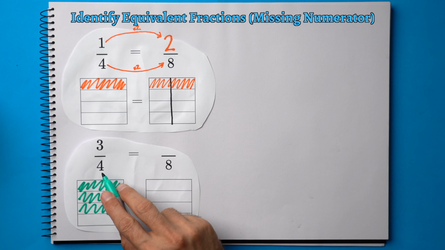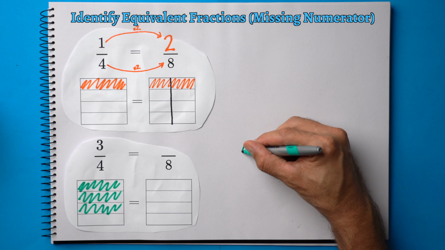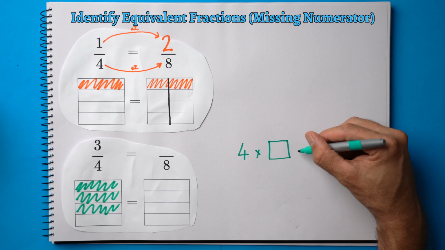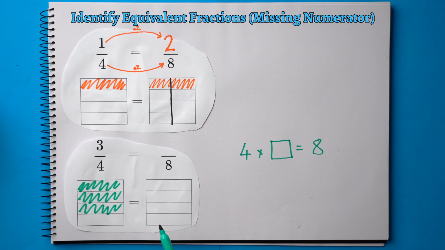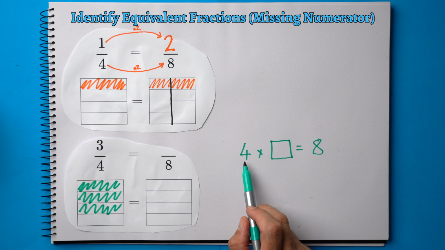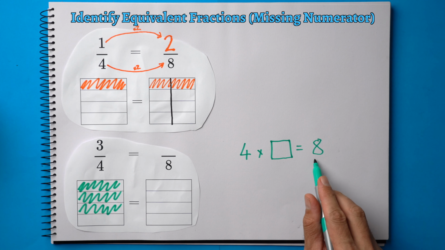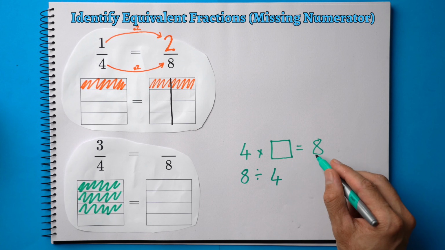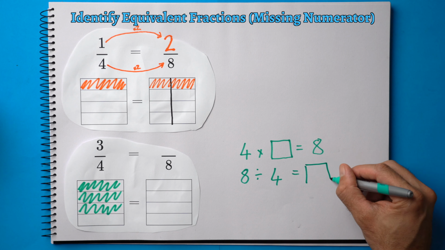So to go from quarters to eighths, we're going quarters times by what number is going to give us 8. Now, if we're not sure, some people will know this straight away, but if you're not sure, you could rewrite it this way. You could go 8 divided by 4. So just using the 8 from here and the 4 from here is equal to what?